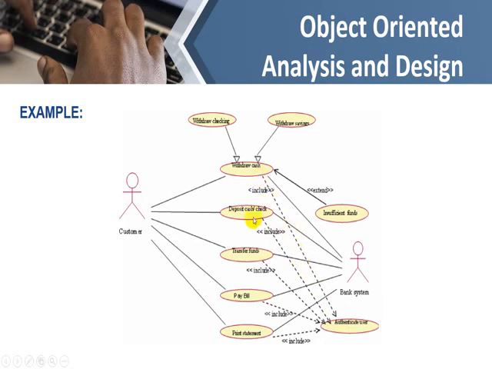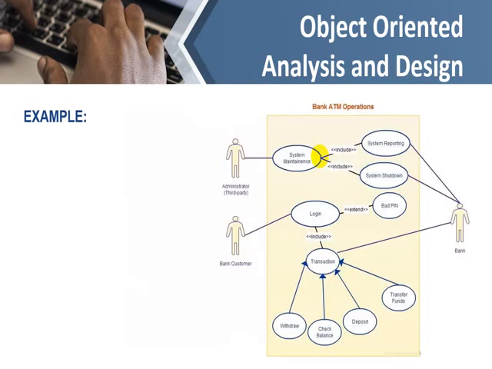Similar is the case with deposit, transfer, and pay. All these options require the authentication. That is why you can see clearly that here we have include association. So this is another example that describes the generalization, the include, and the extend.